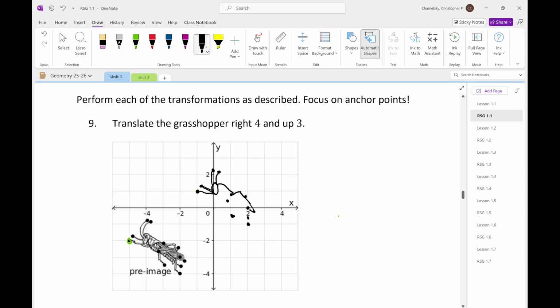There's the body, got one leg coming here, another leg coming here. This body, and then a leg coming here. That's my rough sketch of Mr. Grasshopper here.